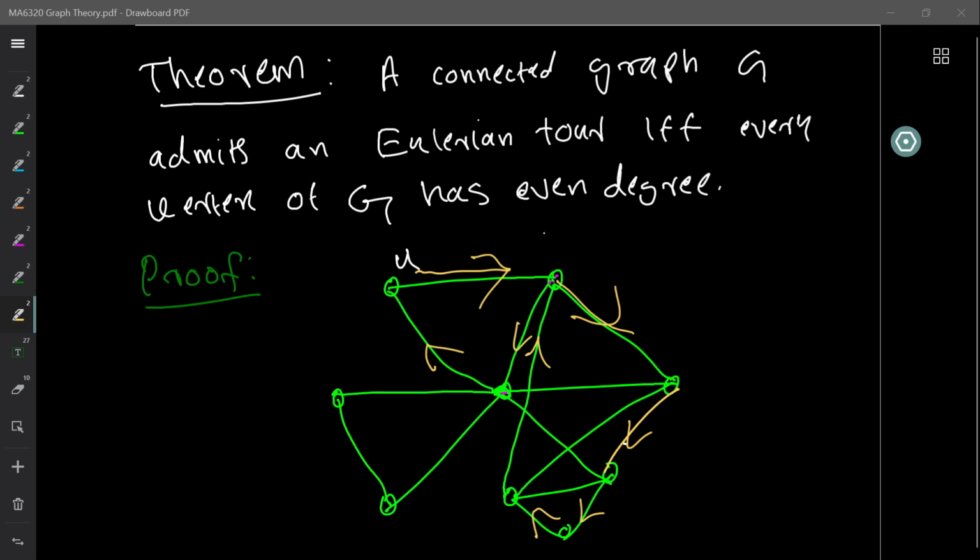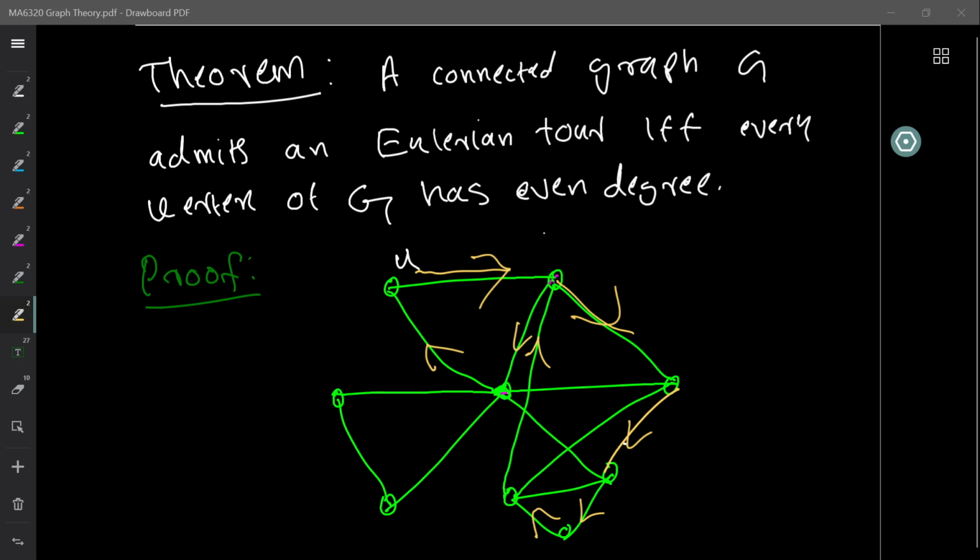Come back to this vertex and then continue on the trail. You can do this every time you reach a vertex which is incident to a component that is not visited so far. This shows us that we can eventually come back to U, and during this process we cover all the edges. So this is the Eulerian tour that you can get.